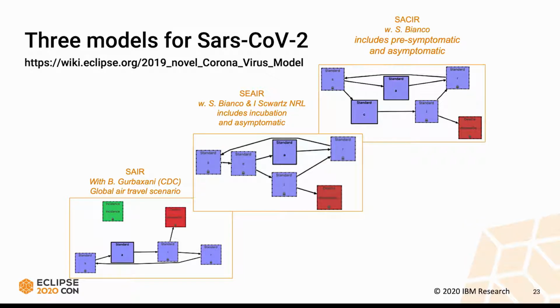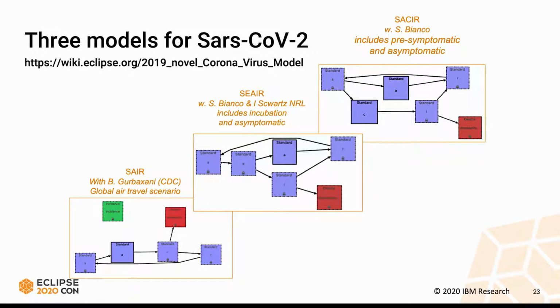So on the STEM wiki, there are currently 3 COVID-19 models. The differences between these models are rooted in the compartments which are available, and also the kinds of assumptions about what is happening in the particular model.